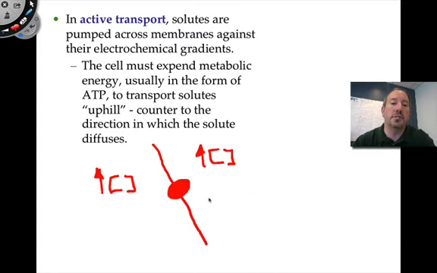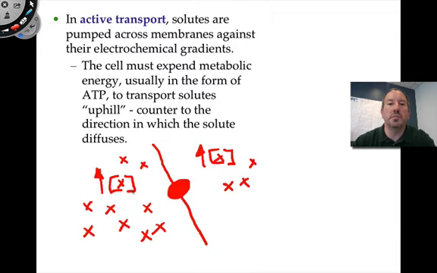Normal passive diffusion would suggest, let's go X right here, if it's very high, there's a lot of it, like that. Passive diffusion would suggest that molecules, though they can move back and forth, more molecules over time would move from where they are to where they're not. Whoops, I'm sorry, I meant to put low on this one. We go like that.